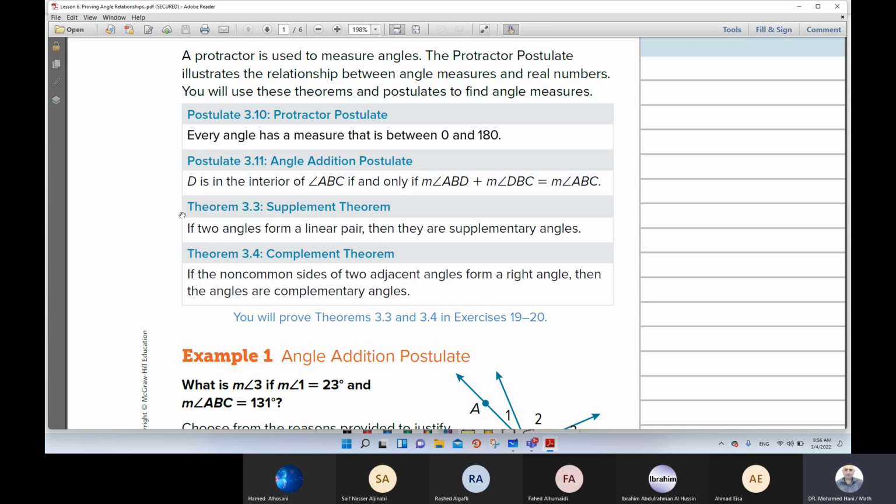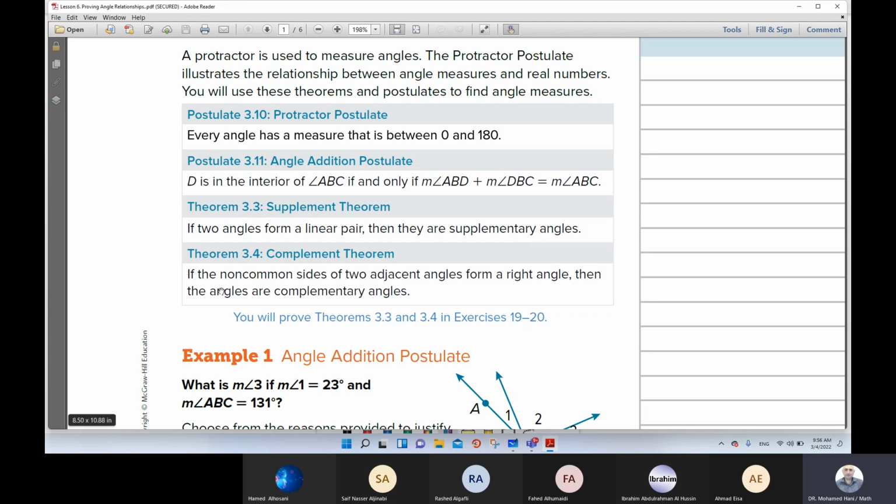The third one, we have Theorem 3.3, supplement theorem. If two angles form a linear pair, then they are supplementary angles. Who can remind us what is the meaning of supplementary? Supplementary angles means that the sum of the two angles equals 180.